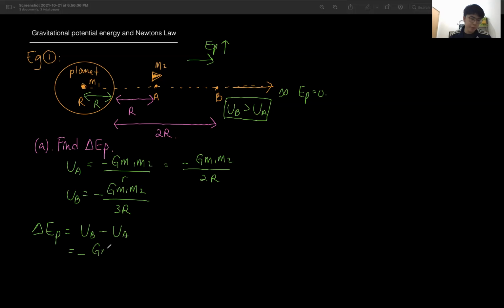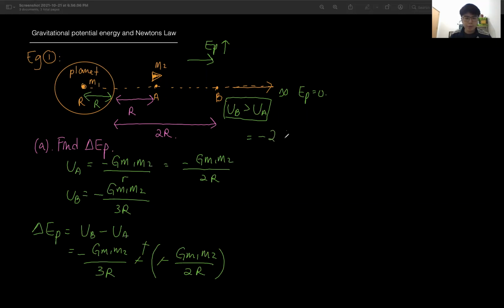So minus GM1M2 over 3R, minus, you have another minus, GM1M2 over 2R. Okay, so this one cancels, becomes plus. We continue here, equals, I change the denominator.